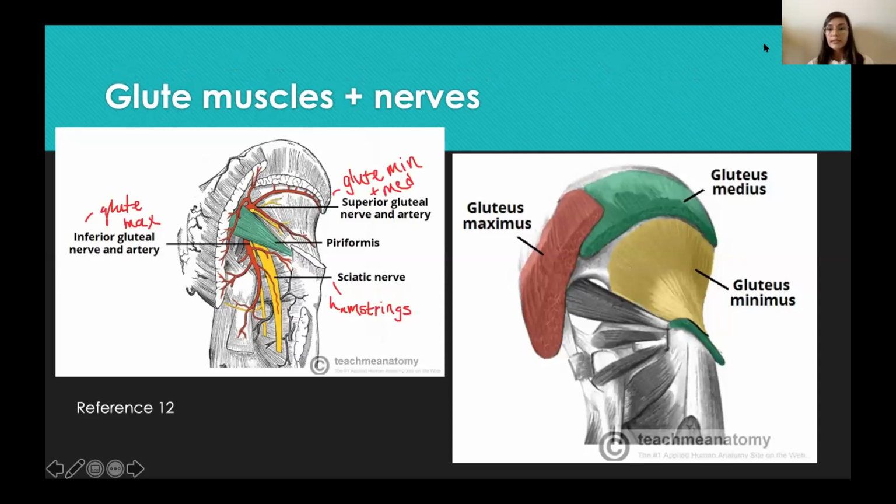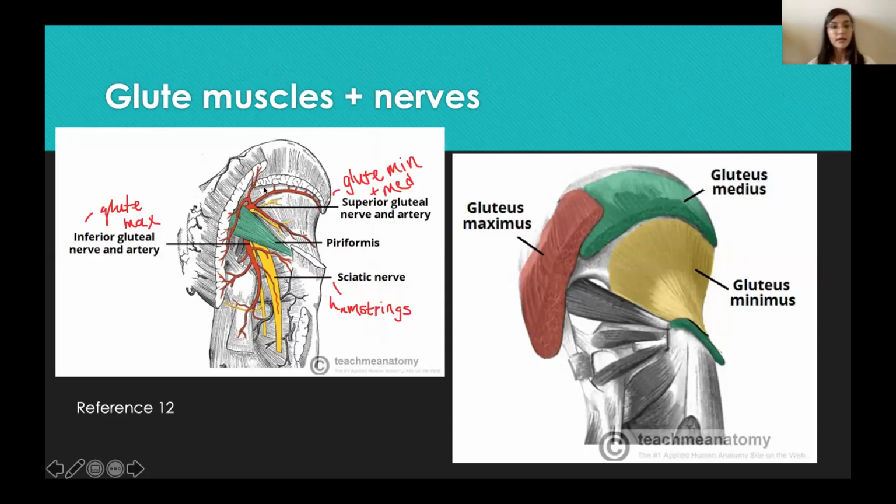All right, so I think this picture does a really good job of depicting the nerves and which muscles they're diving into. So it really helps me to see a visual. So we can start by identifying the piriformis muscle, which is a good guide for identifying other muscles as well as these nerves. So if we want to start superiorly, we have the superior gluteal nerve.